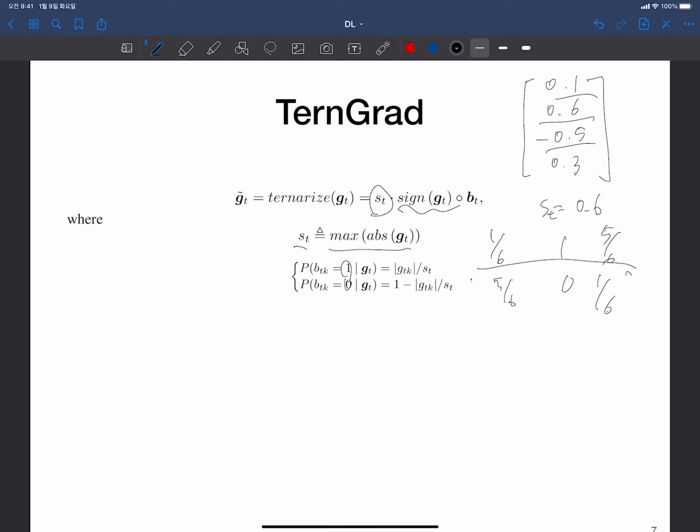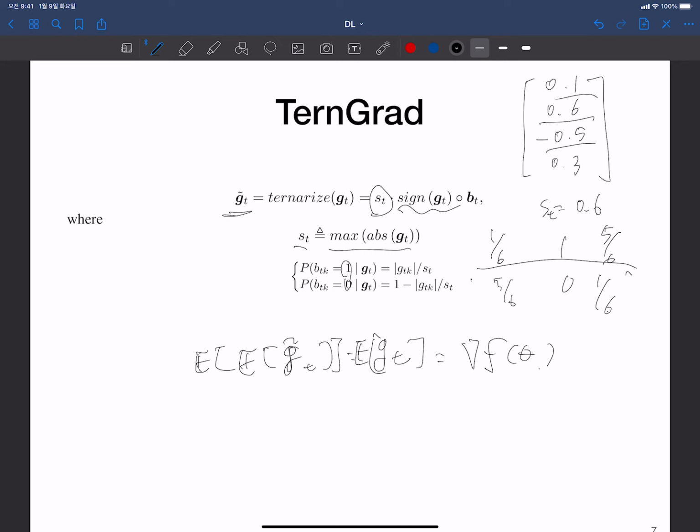Then when you take the expectation of g tilde t, you can easily check this: the expectation of g tilde t is equal to g_t. And usually g_t is a very nice stochastic gradient. So when you take the expectation with respect to the randomness of g_t, you have the gradient of F. That is what we want. So g tilde t is still a stochastic gradient whose expectation is equal to the original full batch gradient.